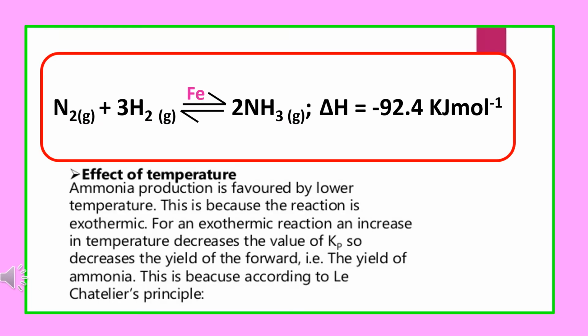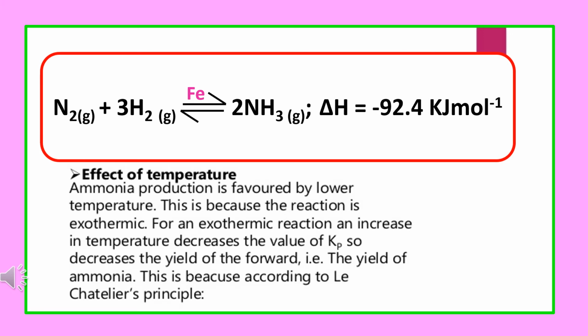Coming to the next important factor, temperature, in the Haber's process. Ammonia production is favored by lower temperature. It is because this is a reversible exothermic reaction. For an exothermic reaction, increase of temperature decreases the value of the equilibrium constant.